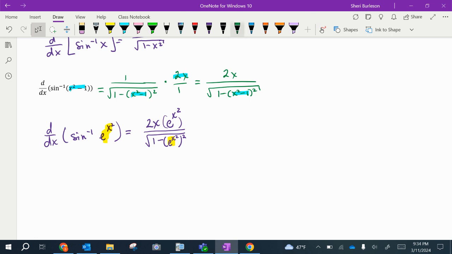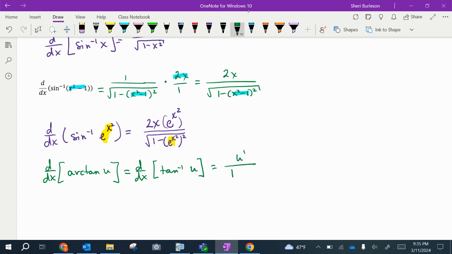Let me give you just a couple others. Because we've got chain rule, the derivative of inverse tangent of u is going to be u prime over 1 plus u squared.